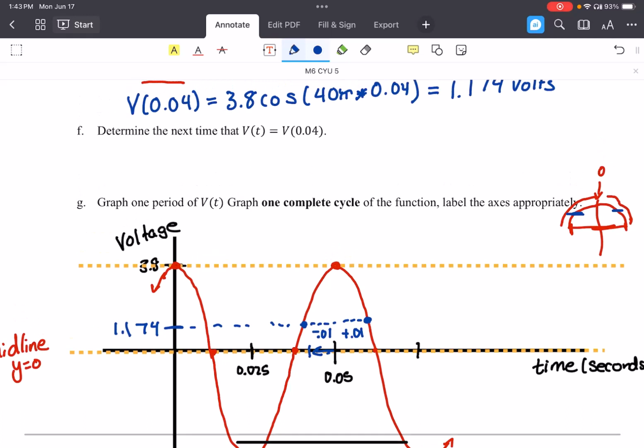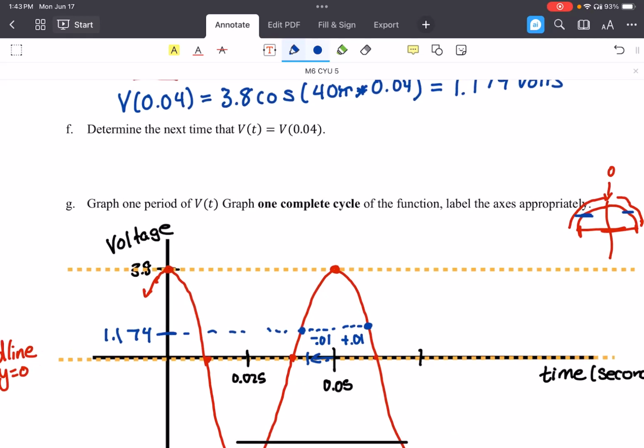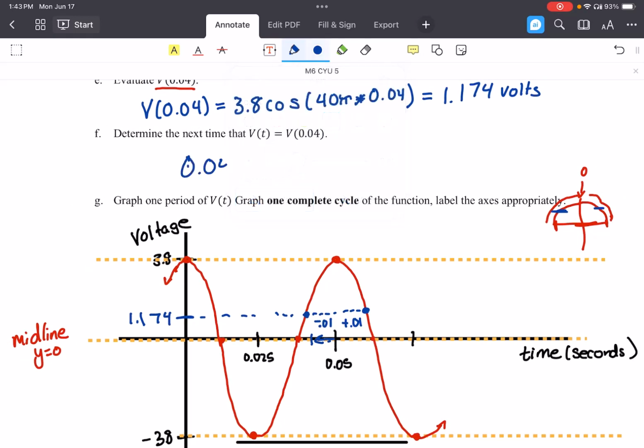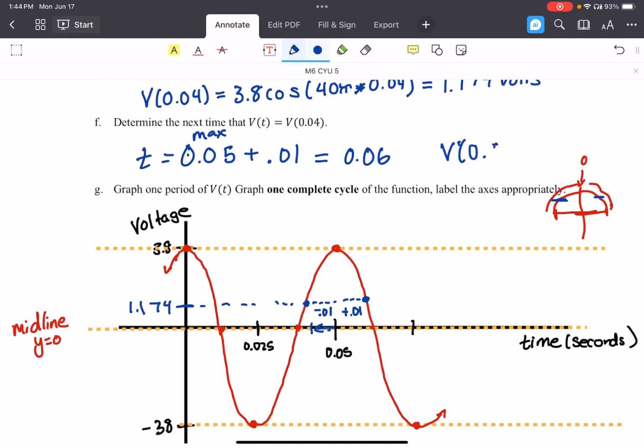So when we're asked to determine the next time our output is going to equal the same thing it equaled at 0.04, we know that's basically going to be where our maximum is, but we're going to be 0.01 further along. And so that should be occurring when t is 0.06. So v of 0.06.